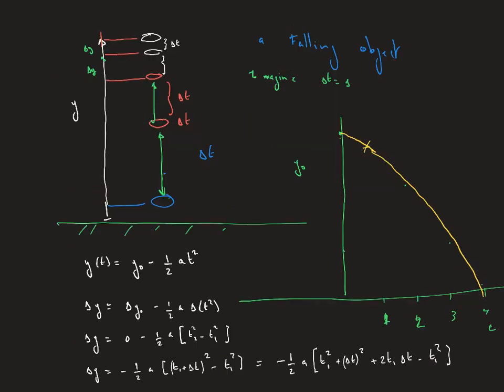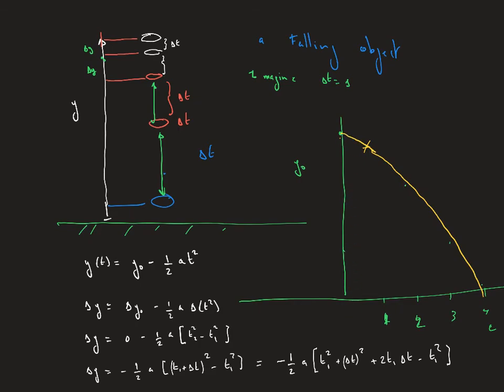Okay. So I want you to think of this. I'm not going to finish it. I want you to check if you can get the idea. Let's say that we have this function y of t equal y0. At t equals 0, the initial value is y0, let's say 100 meters.